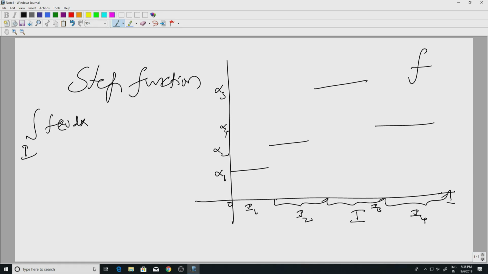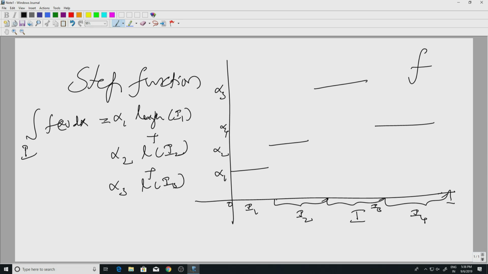Then the Riemann integral of this function is simply alpha 1 times the length of I1 plus alpha 2 times the length of I2, etc. Alpha 3 times the length of I3 plus alpha 4 times the length of I4.